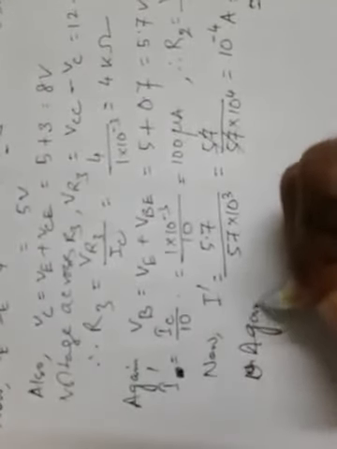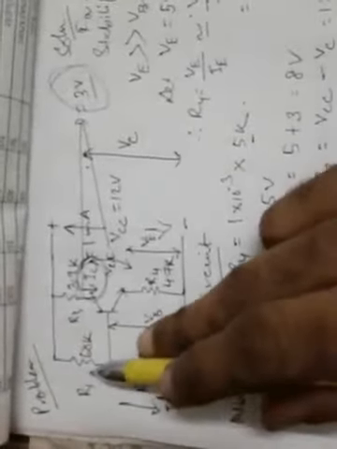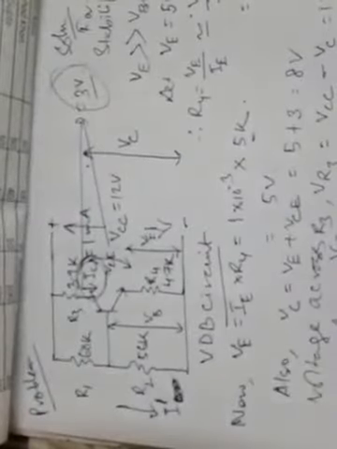So now R1, again R1 is given by, see the diagram, VCC 12 volt minus VB, 5.7 volt. That means this is whole VCC and this is VB.